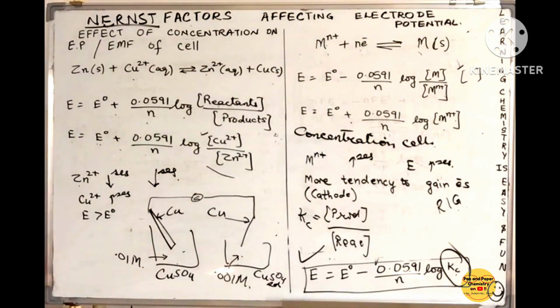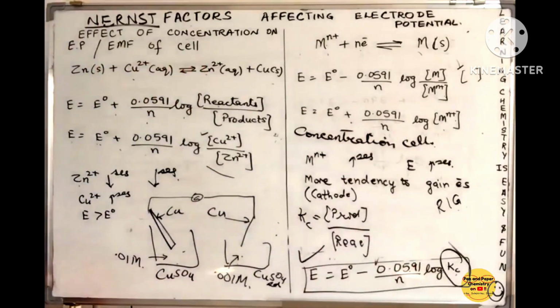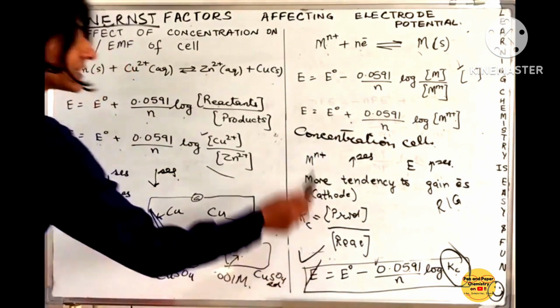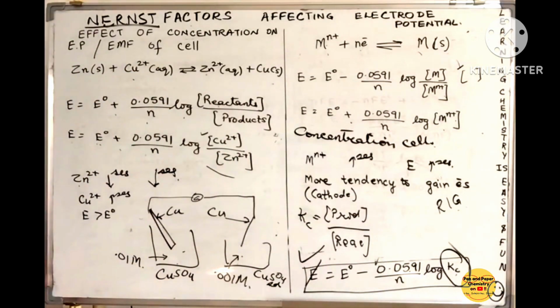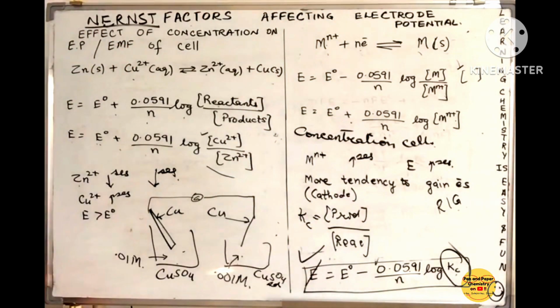With the help of this equation, I can also determine the equilibrium constant of a reaction. How? You carry out a reaction such that equilibrium is achieved. Once equilibrium is achieved, your E is the same as E naught, right?